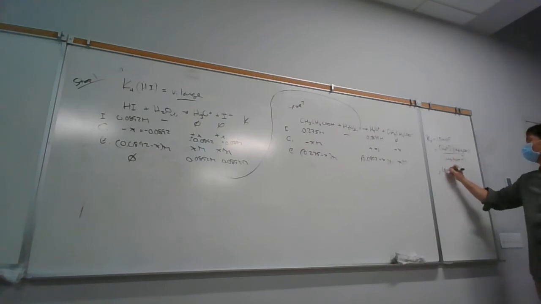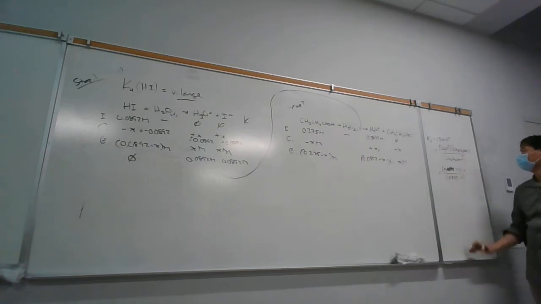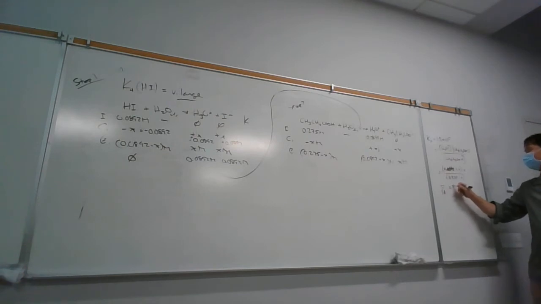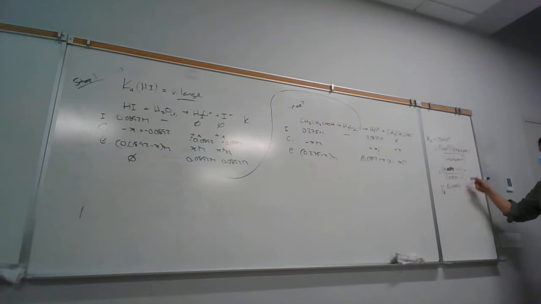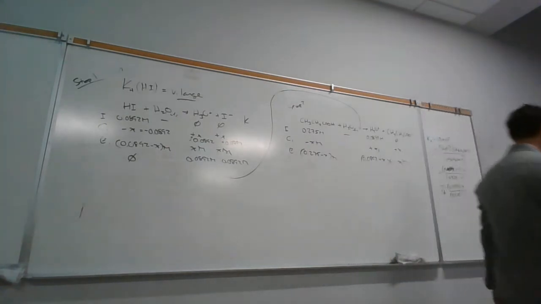It's going to be 0.0892 plus x times x over 0.275 minus x. What we're going to do is just use the simplifying assumption. So this simplifies: 0.0892 plus x is just 0.0892, x is just x, and 0.275 minus x is 0.275. And so what does that come out to?